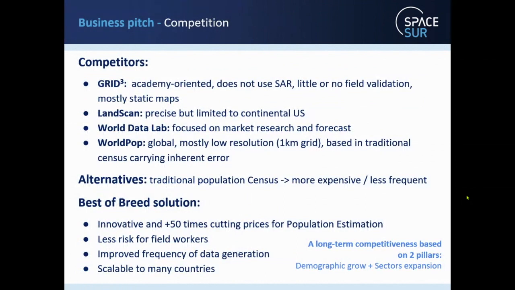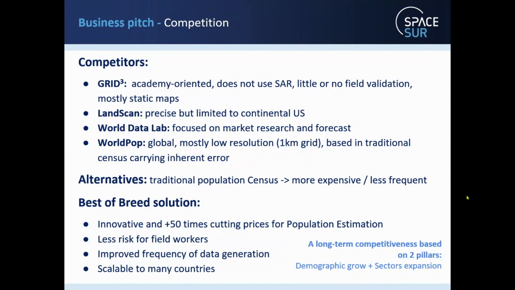Of course, there are competitors, and we identify differences in the market, but we really think that we are the best of breed solution, because of the integration of Copernicus and different aspects of local services and analysis at the points of application.